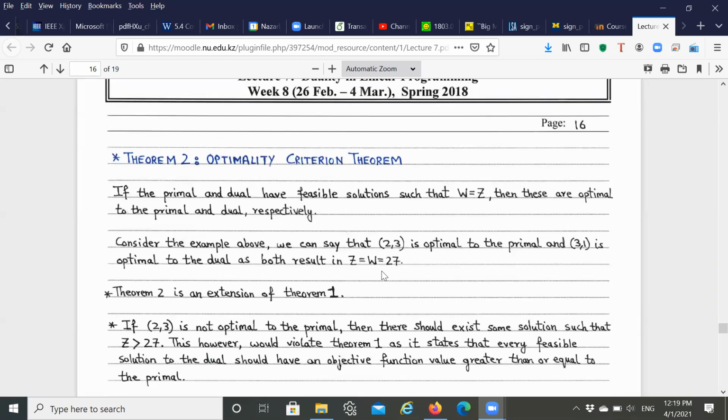If there were a better solution, it means that the W greater than or equal to Z condition would be violated, and therefore the problem that you're solving is either unbounded or infeasible. That's why you are able to violate the weak duality theorem. I've explained the same thing over here, so you can just go through this in your lecture slides.